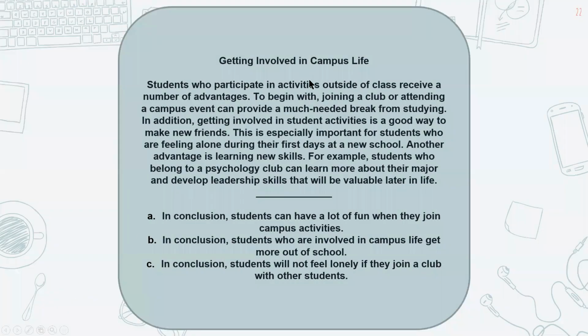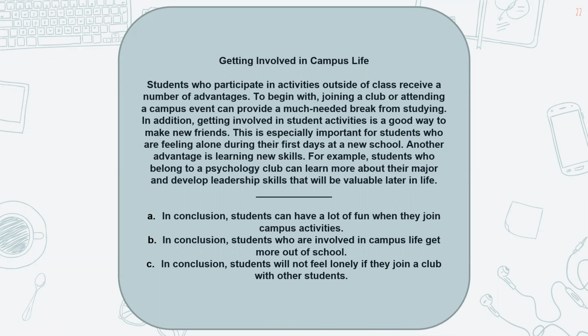Okay, for the last exercise, this is a paragraph, and you need to choose one of the concluding sentences to fill in the gap. Getting involved in campus life. This is the paragraph. Students who participate in activities outside of class receive a number of advantages. So in the paragraph, I will be talking about the advantages of participating in activities outside of class for students, of course, not their parents.